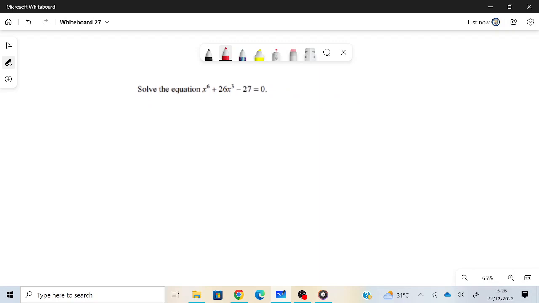Okay, this one says solve the equation x to the power of 6 plus 26x cubed minus 27 equals 0.